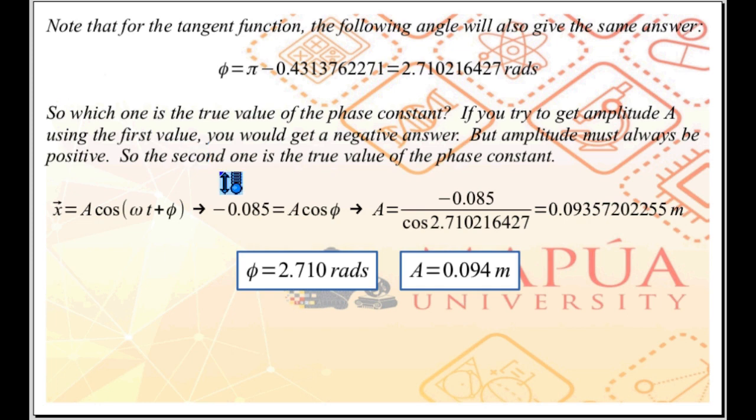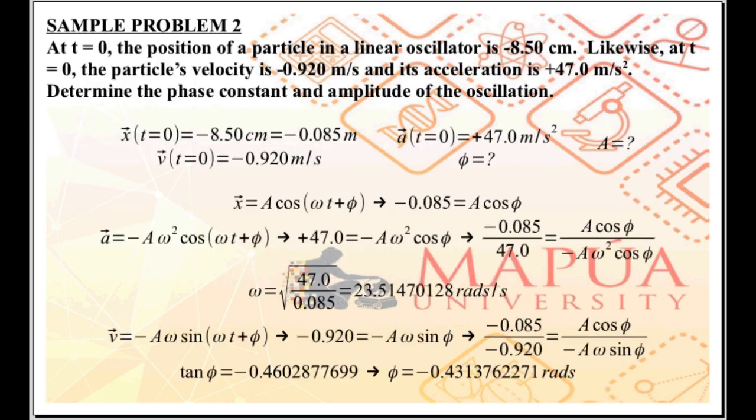For instance, say we add the angle that we calculated for phi to pi radians, to 180 degrees. You add that angle to pi radians, you get 2.710 radians. Get the tangent of this value, you will also get the answer negative 0.4602877699.